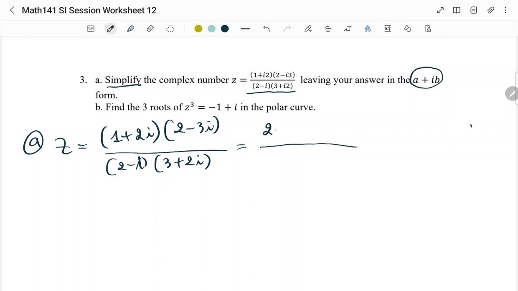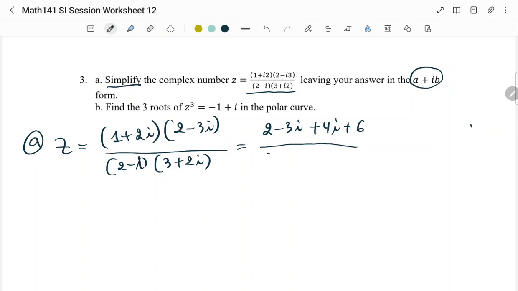What do we get? We have 2 minus 3i plus 4i plus 6, because you have 2i times 3i, which gives you 6i squared, that's negative 6i squared, and you know that i squared is negative 1, so you have negative 6 times negative 1, which is 6.